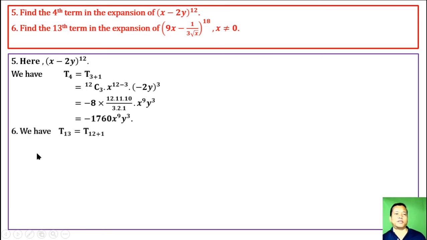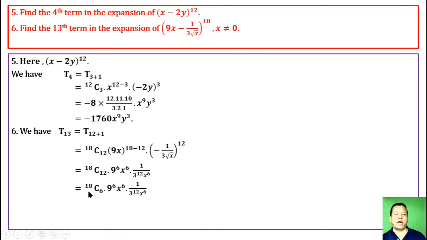For question number 6, we have T13 equal to T of 12 + 1. Applying the general formula, we get 18C12 times (9x) to the power 18 minus 12 into (minus 1 by 3 root over x) whole to the power 12. Simplifying, we get 18C12, 9 to the power 6 into x to the power 6, over 3 to the power 12, x to the power 6.